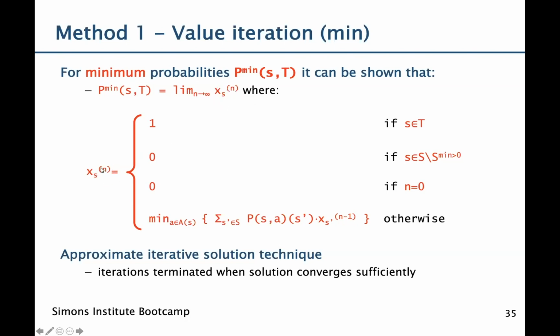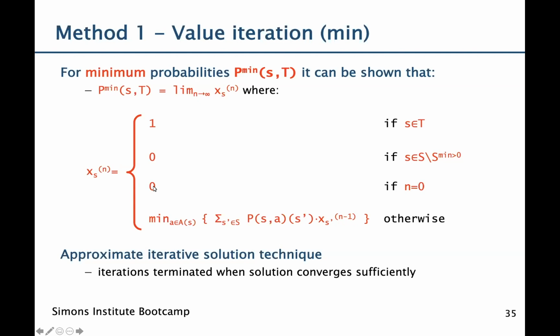Let's look at the case for state S. What's the nth value? Well, it's 1 if S is in the target, as then the probability has to be 1 for both minimum and maximum. It's 0 if we can't get there with probability strictly greater than 0, and I showed you how to compute this set in the previous video.